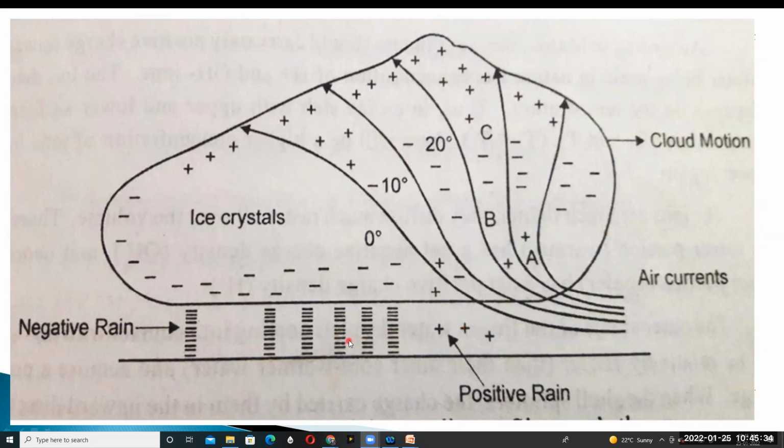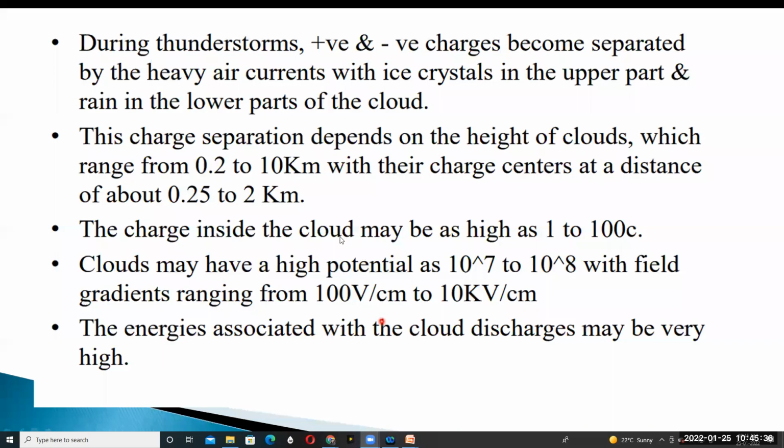The charge separation depends upon the height of the cloud, which ranges from 200 to 10,000 meters, otherwise 0.2 kilometers to 10 kilometers.